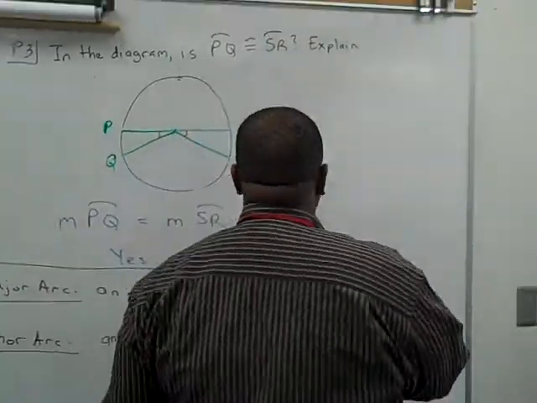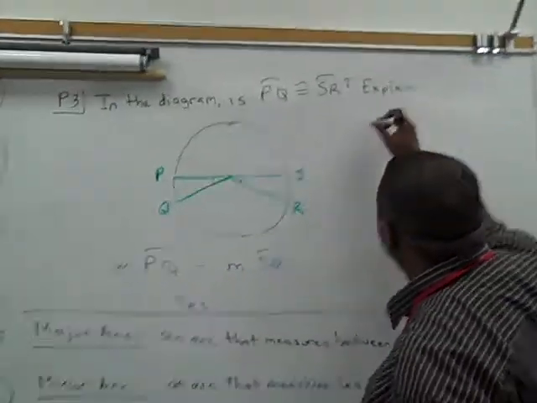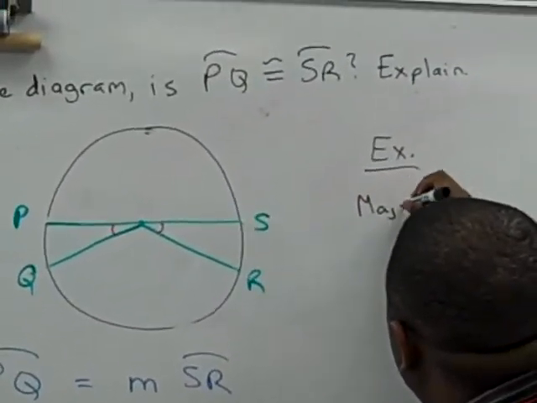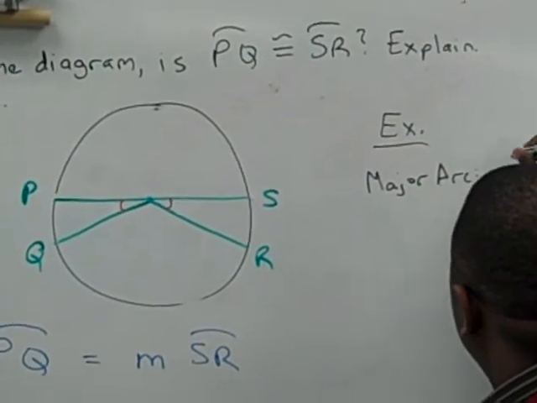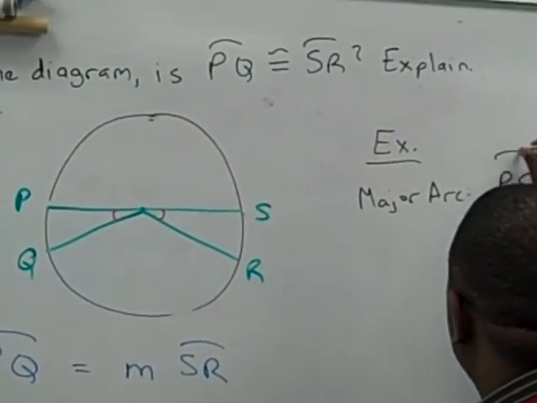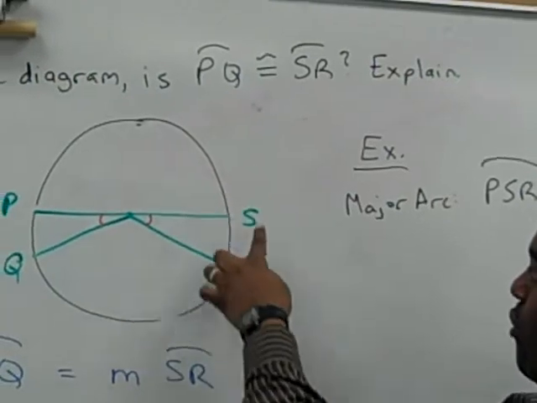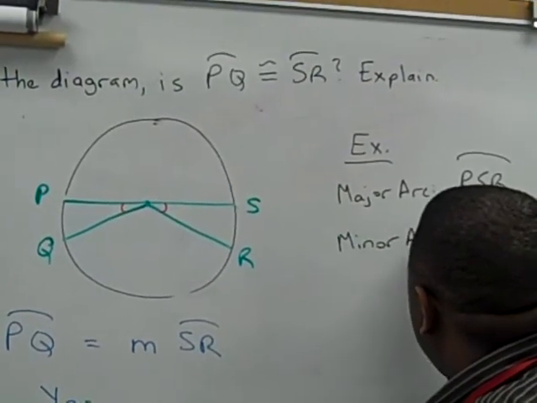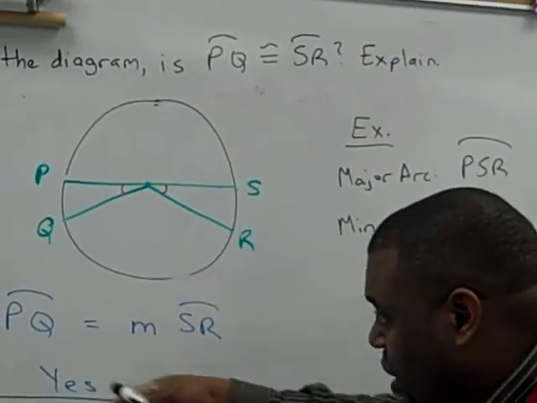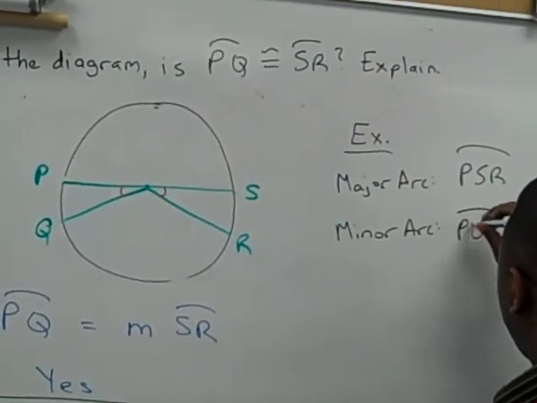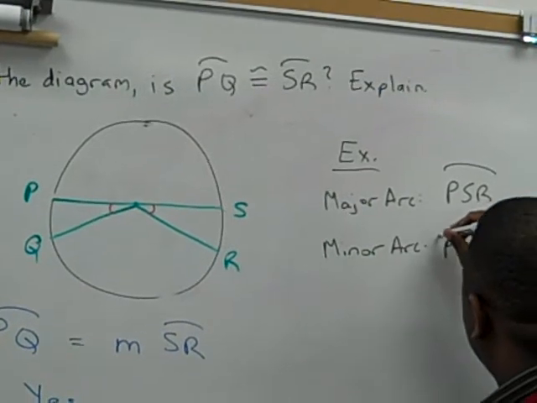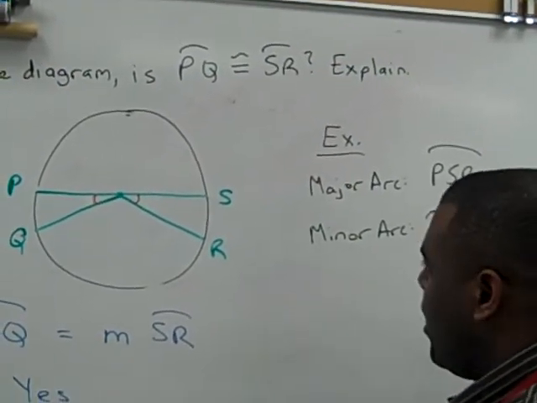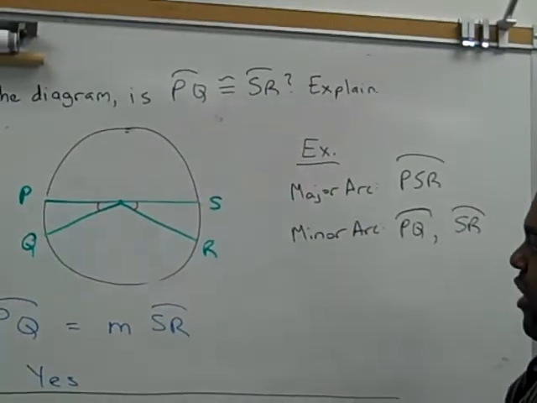For an example, we'll say that a major arc would be arc PSR. That's just an example because it's definitely more than 180 degrees. A minor arc in this problem could be the ones we just talked about, which are arc PQ and arc SR. Okay, because those are obviously less than 180 degrees.